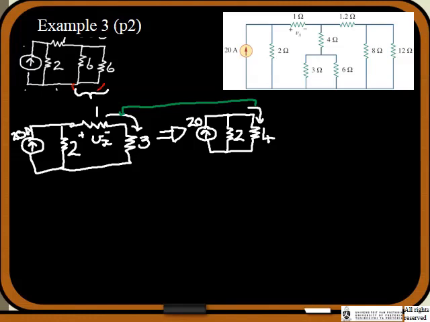So let's do a current division in this case. What is I4? But I4 is also the current flowing through I1 that we are looking for, if you look at the previous slide.